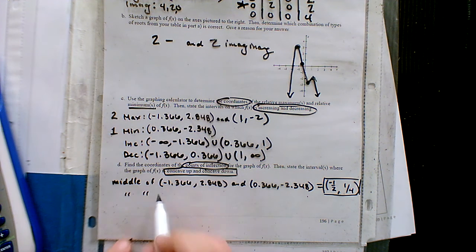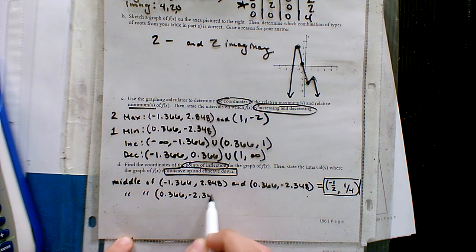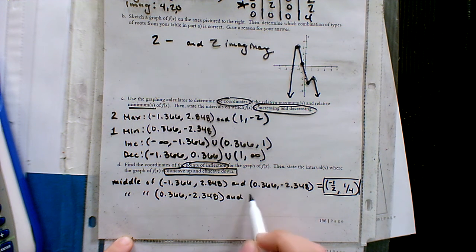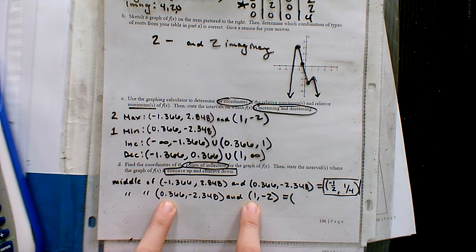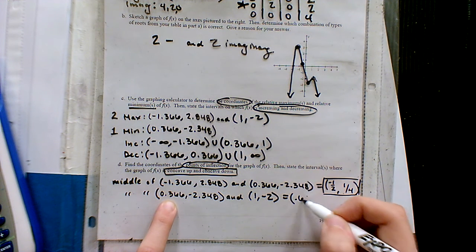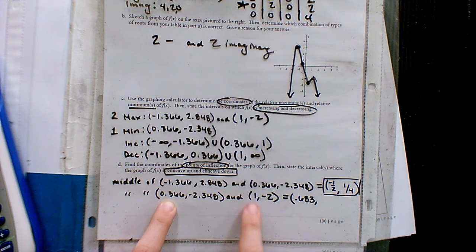All right, now we have another set. We can go between the minimum and the second max that we found, 1 comma negative 2. All right, this one's going to be a little bit more complicated. Add the x's. We'll get 1.366. Divide by 2. Someone help me out. 0.683. Okay. So there's the middle of the x's.